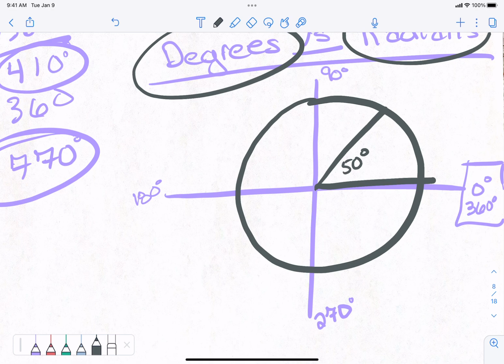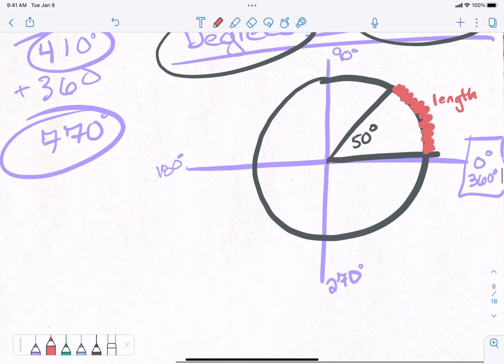Radians are talking more specifically about the crust of the pizza. A radian refers to the length of the crust. Yes, it's going 50 degrees, but how long is that? How many units is that?